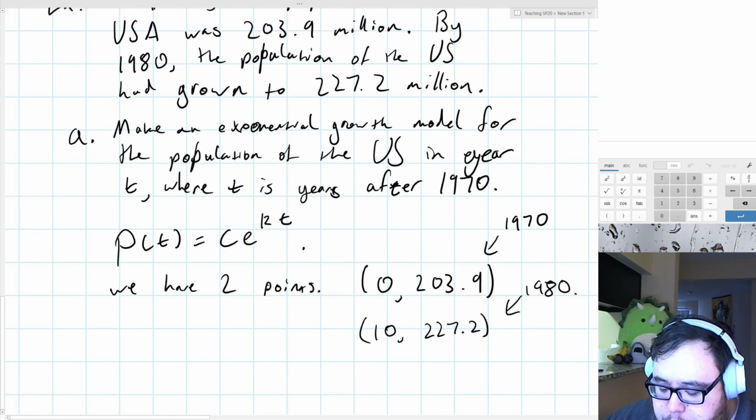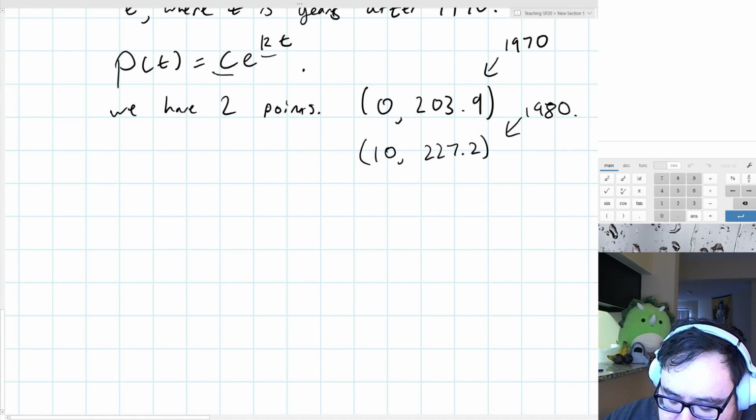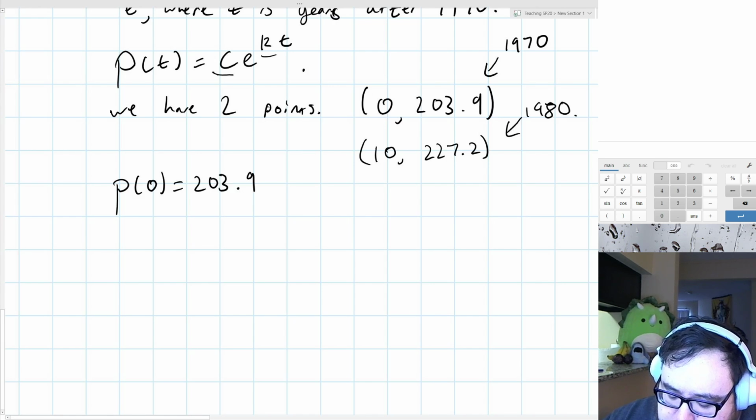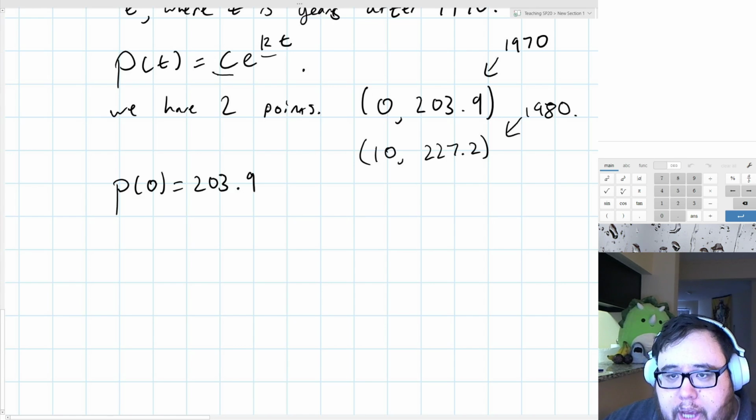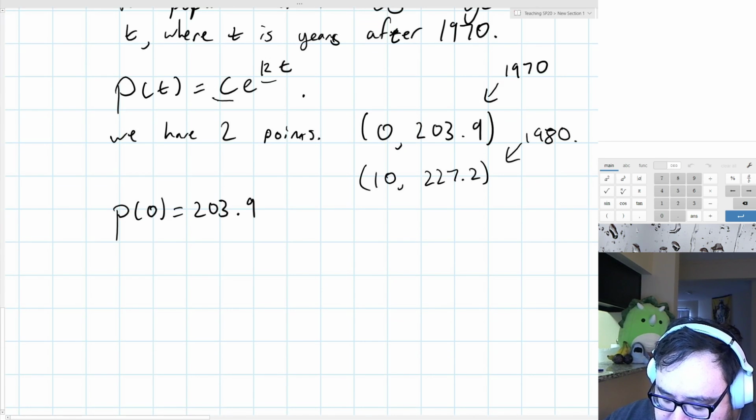We can use our first point to figure out one of our two unknowns. We do not know what c is. We do not know what k is. So we know that P of 0 is equal to 203.9, because if we plug in 0, we should get the y-coordinate of the point along our curve, right? And this is also equal to c e to the k times 0.